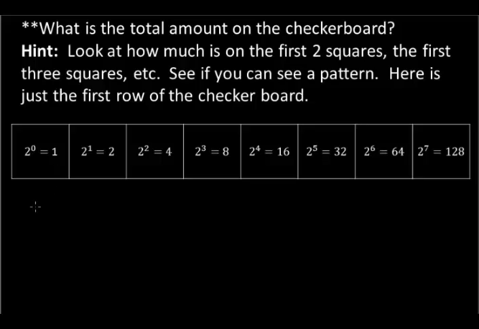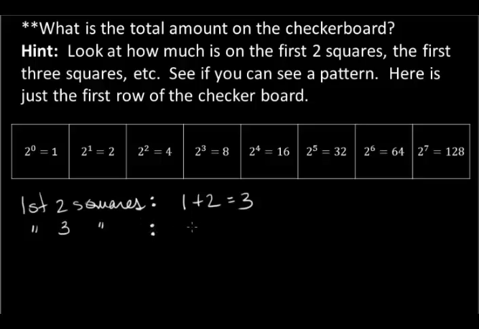On the first box we have 1 penny. Now I want to write how much do we have on the first 2 squares. Well, we would add up 1 penny plus 2 pennies is 3 pennies. Now let's find out how much we have on the first 3 squares.